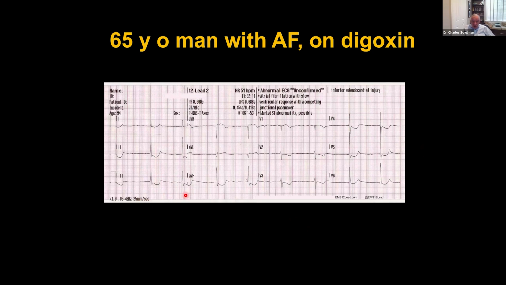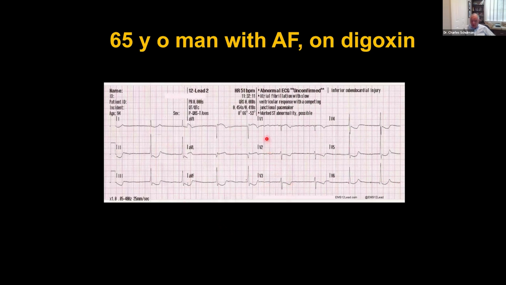Okay, in this case, you have a slow, regular rhythm, which looks like it's junctional. He has AFib, so it's very slow AFib with perfectly regular rhythm. It looks like it's junctional, which indicates that there is heart block and a junctional rhythm. This is a digitoxic rhythm.